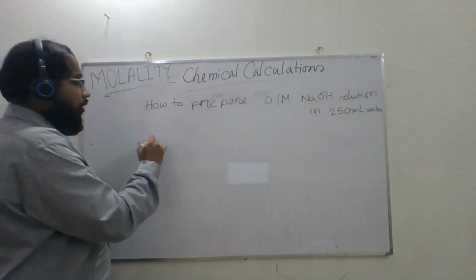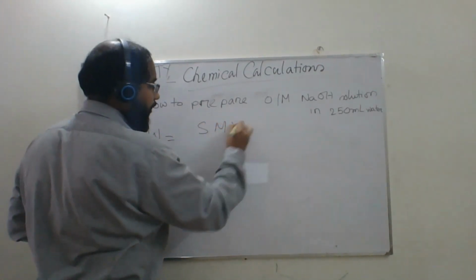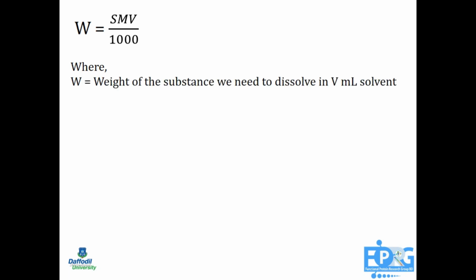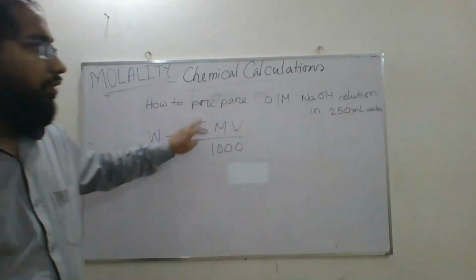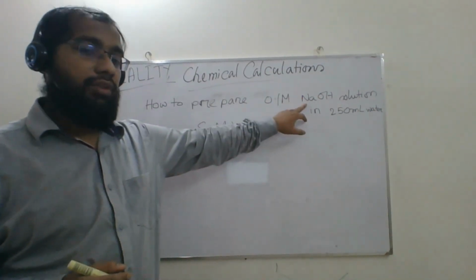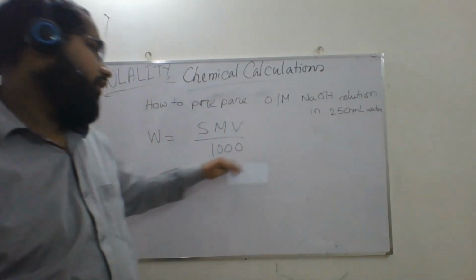Now for this one we use our famous equation, W equals S M V by 1000. Where W is the amount necessary to dissolve in this 250 milliliter water, S is the concentration which we want to prepare, M is the molar mass of this sodium hydroxide, and V is the volume, this 250 milliliter, and 1000 is just a volume fraction.